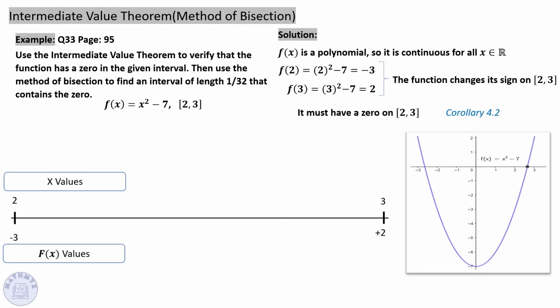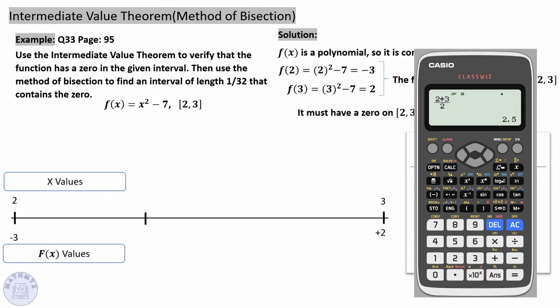Now, in order to approximate the zero in a smaller interval, first we need to take the midpoint of this interval and then check whether f of x for this point is positive or negative. And then we keep on squeezing the interval in between the different f of x signs. So the midpoint here is 2.5. You can find it using your calculator.